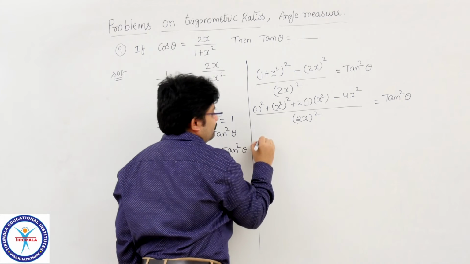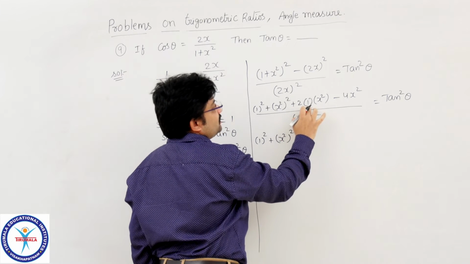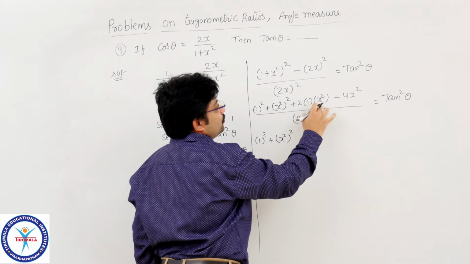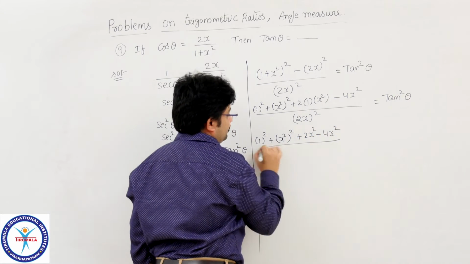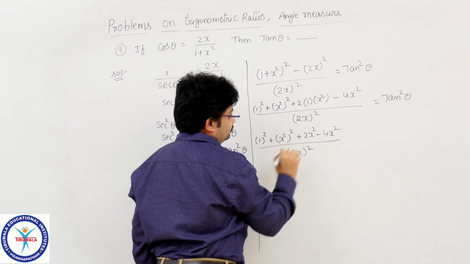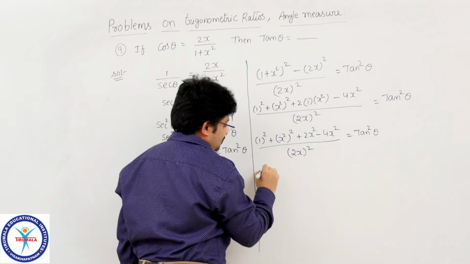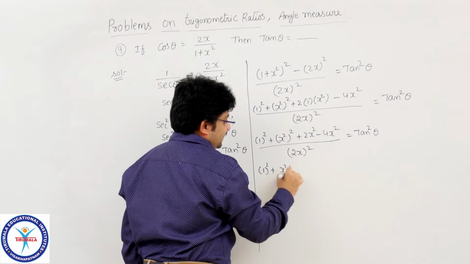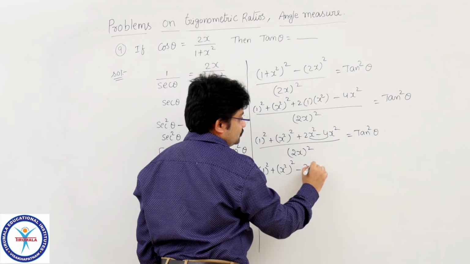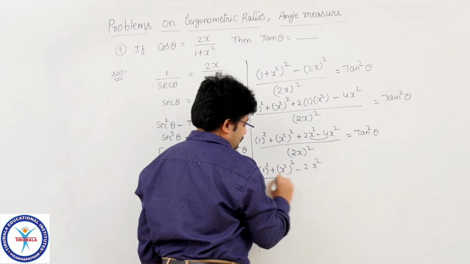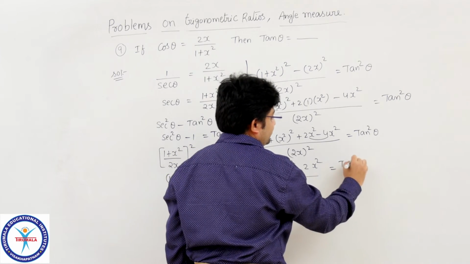Now, here 1 square plus x square whole square plus 2 into 1 is 2, 2 into x square is 2x square, plus 2x square minus 4x square by 2x whole square is equal to tan square theta. 1 square plus x square whole square, 2x square minus 4x square is minus 2x square, by 2x whole square is equal to tan square theta.